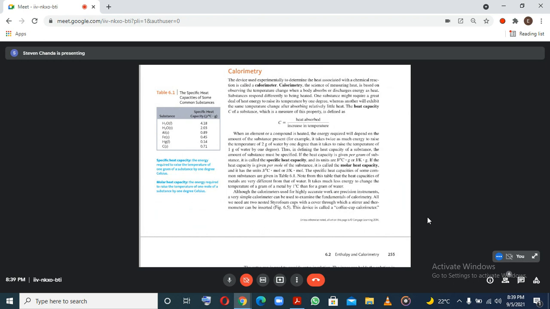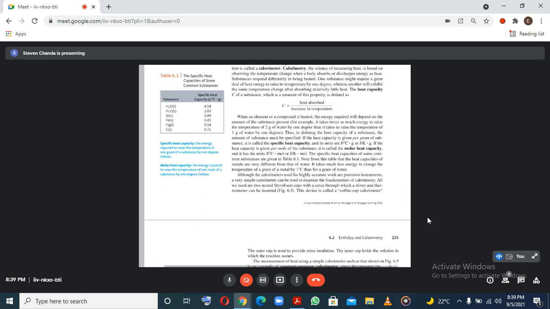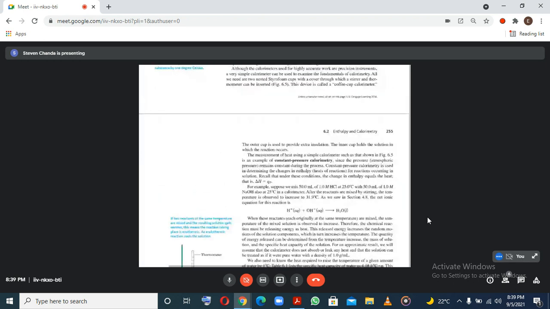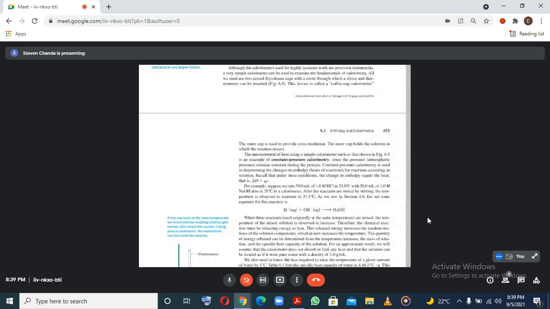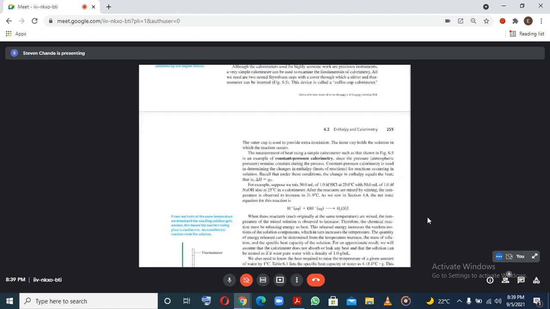Of course, there are many expensive ways in which you can determine the heat associated with a system or a chemical reaction. But for academic purposes, the one that we usually use is the coffee cup calorimeter, right?